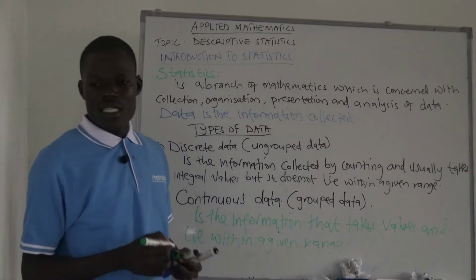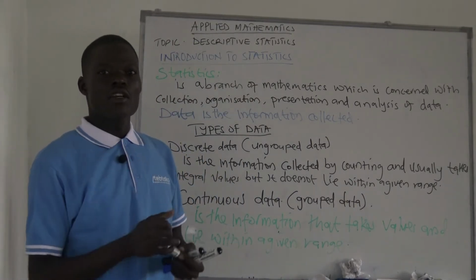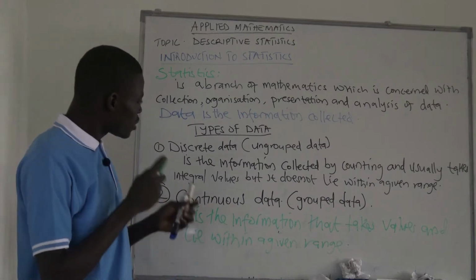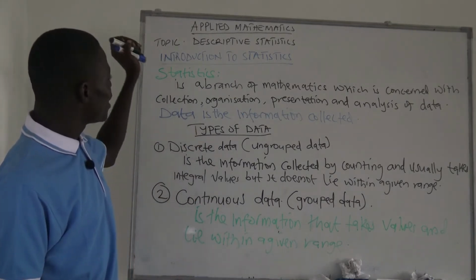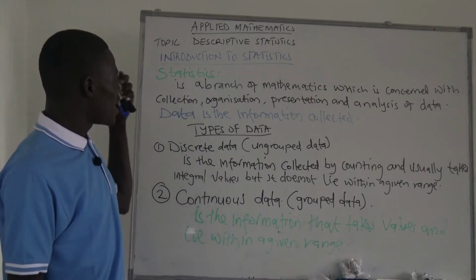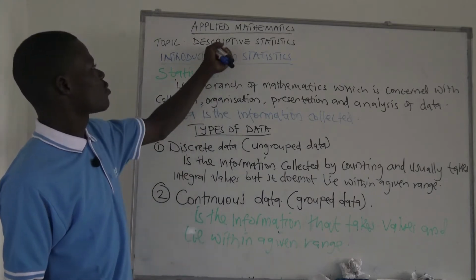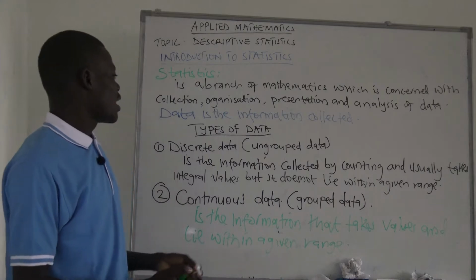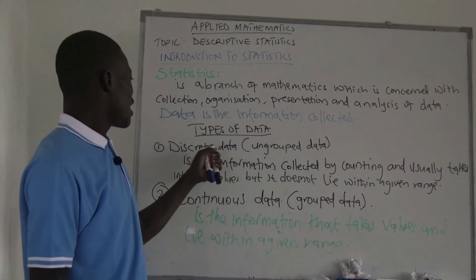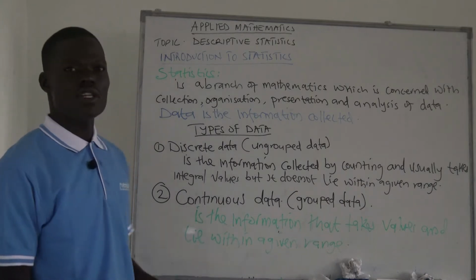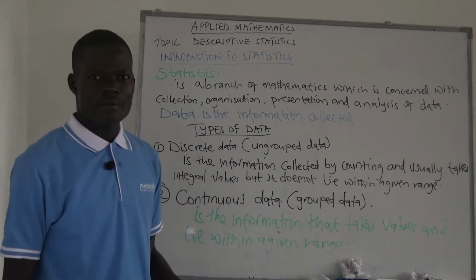And it lies within a given range. So those are the two types of data which are built up under descriptive statistics. We said the first one is discrete data and the second one is continuous data.